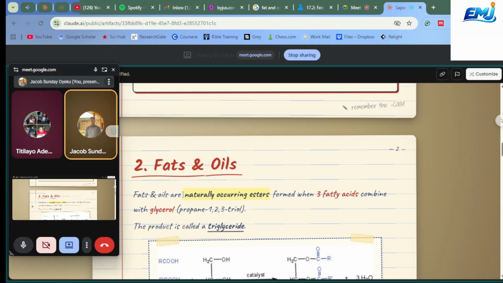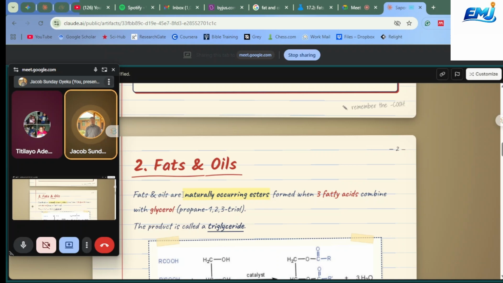Do you understand? Let me come again. Normal esterification is the reaction between carboxylic acid and alcohol. But in fat and oil, instead of one carboxylic acid, 3 carboxylic acids, likely the same or different, will come together and react with one particular alcohol, glycerol.